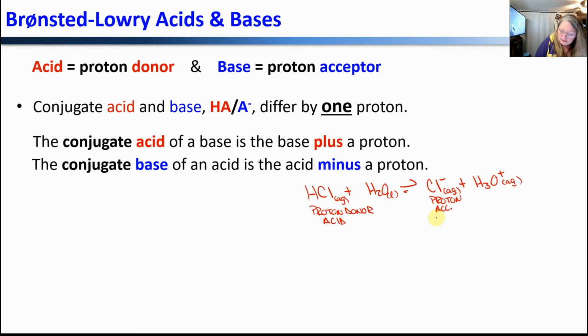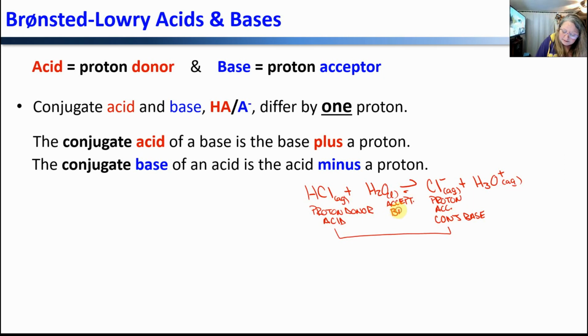That means it is the conjugate base of the HCl acid. So these two things are friends. Now, if my HCl is donating a proton, that means my water is accepting it, an acceptor.